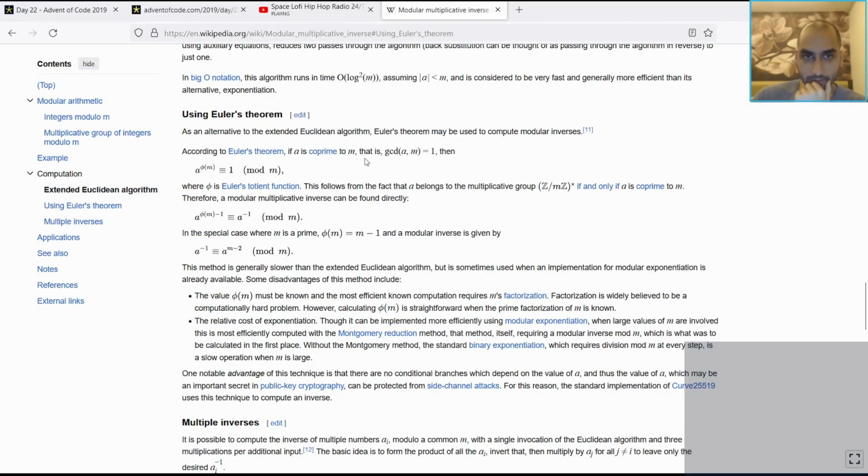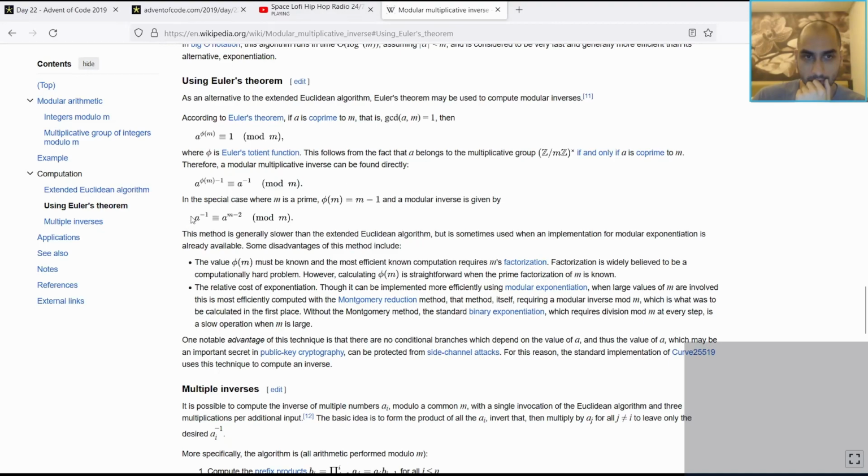This is what we're trying to do here. When m is prime, I assume we're dealing with prime numbers, the modular inverse is given by a to the m minus 2 mod m. So inc is our a.